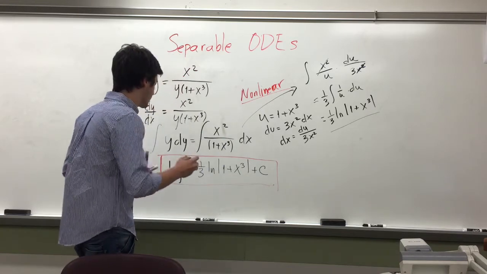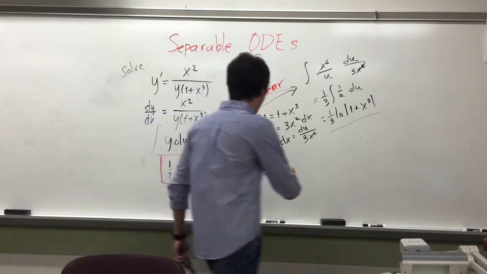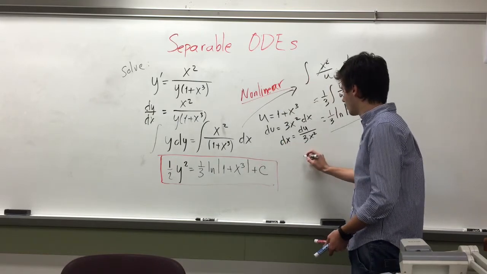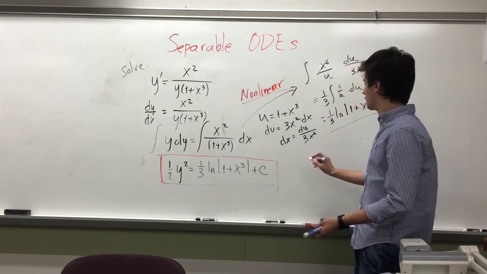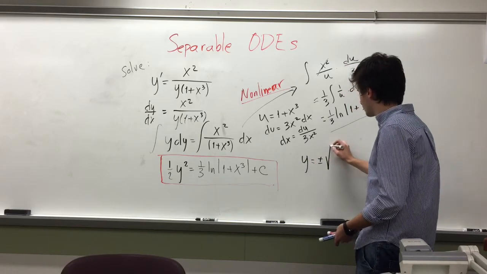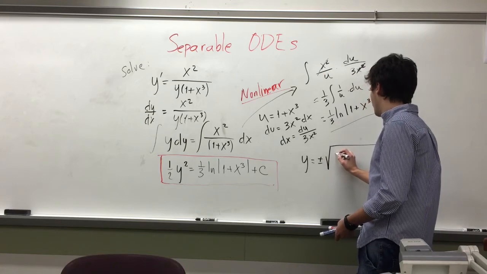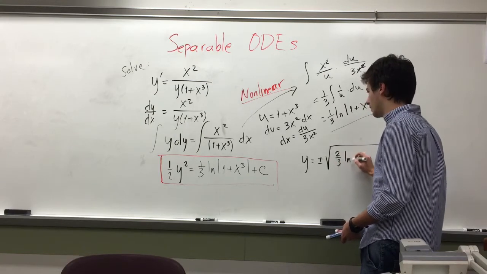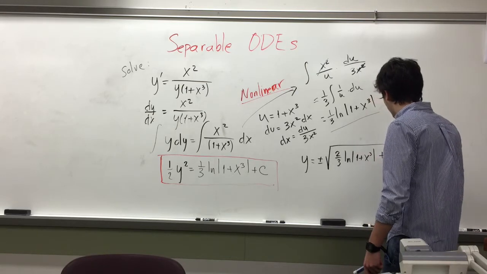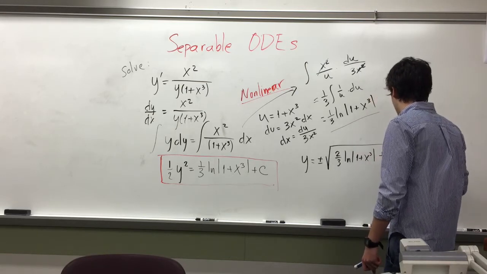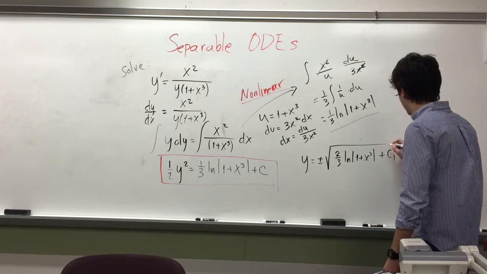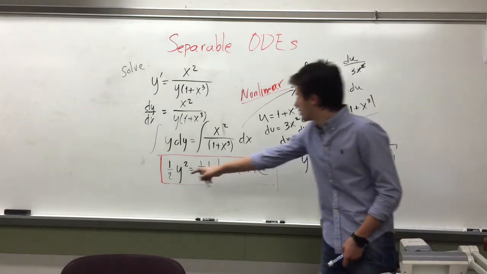So if that was the case, you would multiply by 2 on both sides and take the square root, basically. So we're going to have y is equal to plus or minus the square root of 2/3 ln the absolute value of 1 plus x cubed plus another constant, I don't know, k or c1, because we're going to be multiplying this 2 by c.